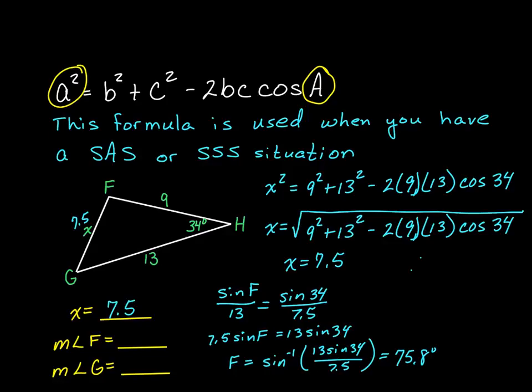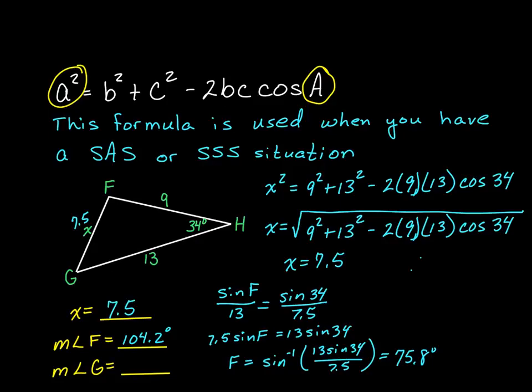Now, the angle given to us here is an acute angle, but F is an obtuse angle. These actually form a linear pair, which means angle F would be 180 degrees minus the 75.8, which means angle F will come out to 104.2 degrees.